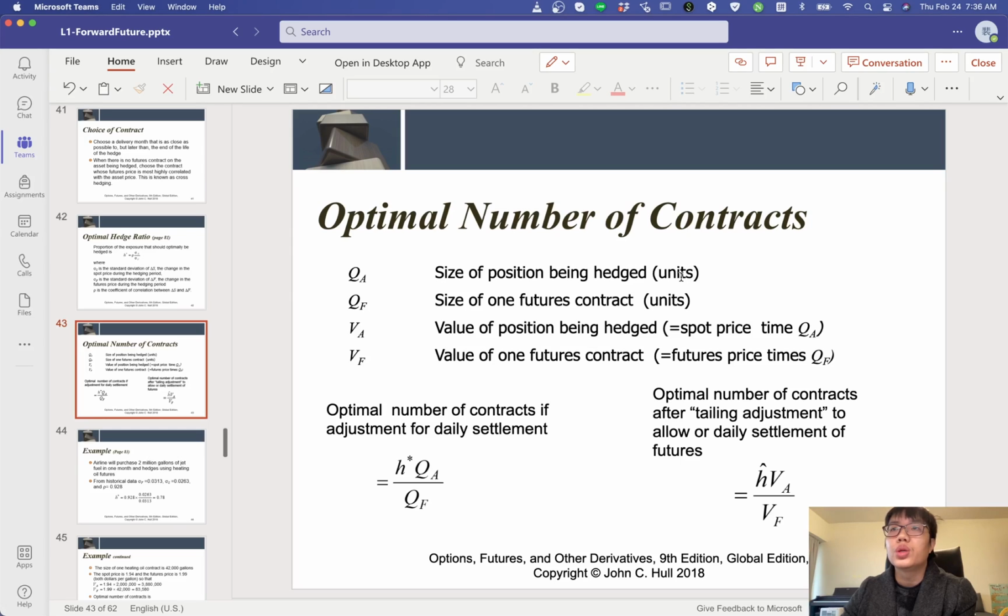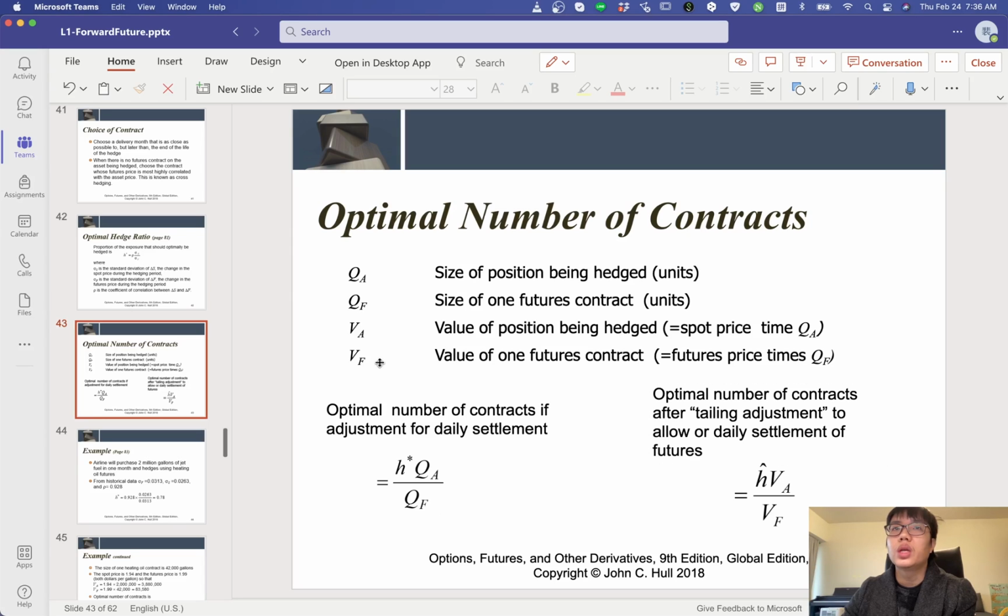For example, for gold, how many ounces you need to buy; for pound, how many pounds you need to buy, right? The size of one futures contract is also in the same units, for example how many ounces per contract, and you can take this formula to calculate the number of contracts.